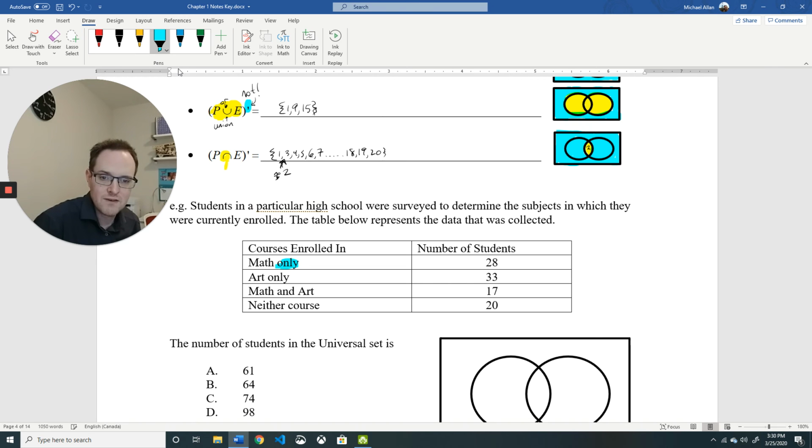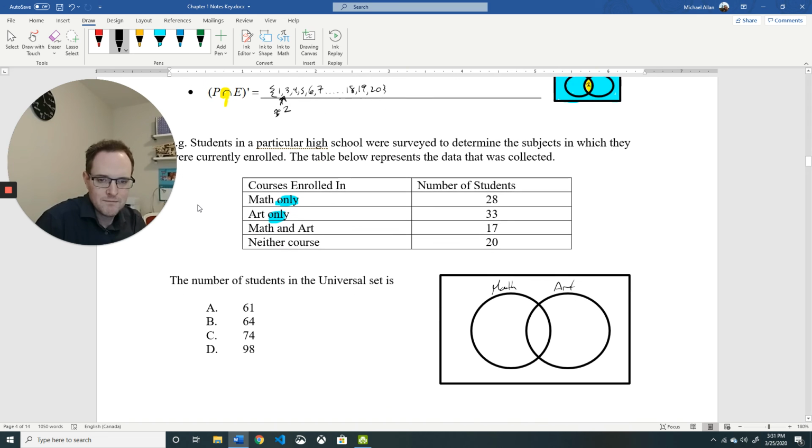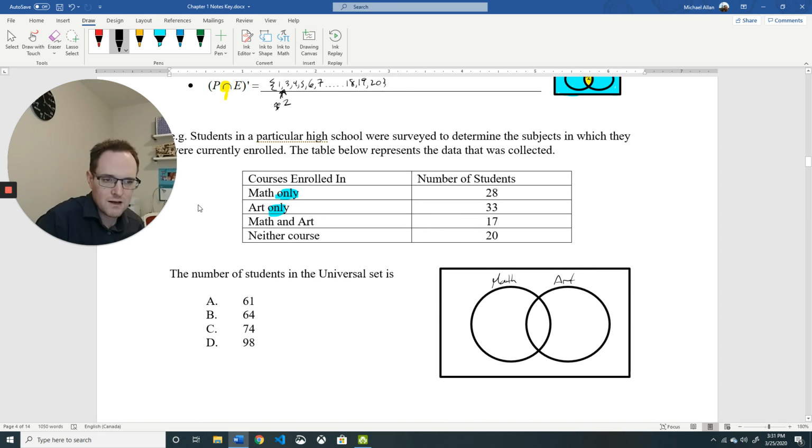Like if you have the word only, that means it's usually, I have my 2 sets like this, math and art. So I have 2 sets, kids that are enrolled in both math and art at the same time. If I say only, it's going to be just in this piece here, so this little Pac-Man shape.